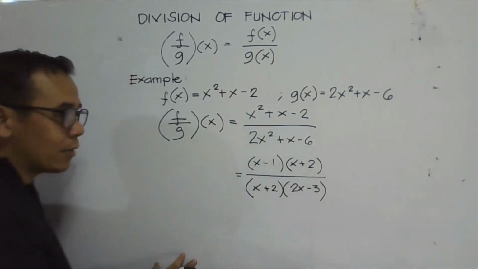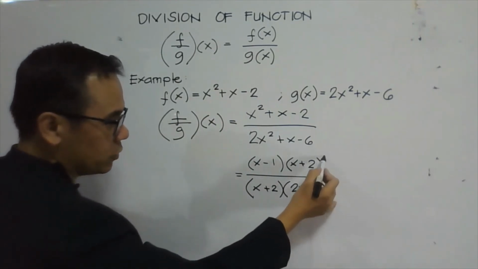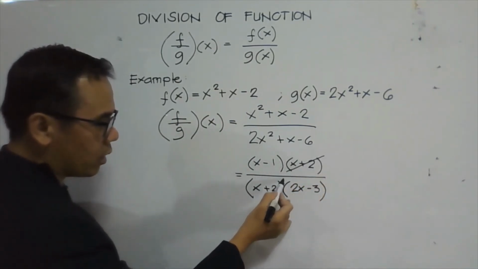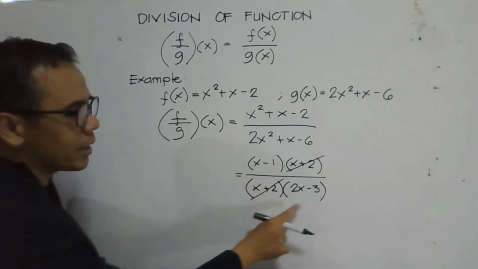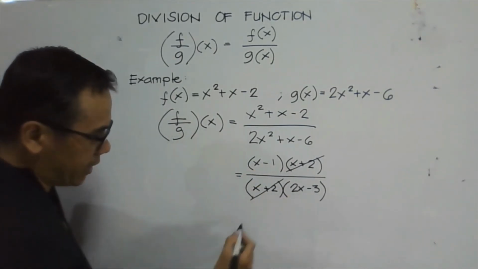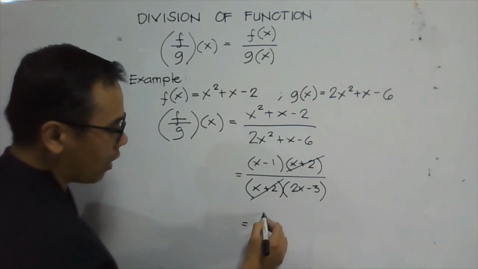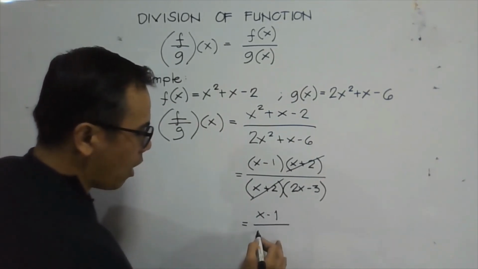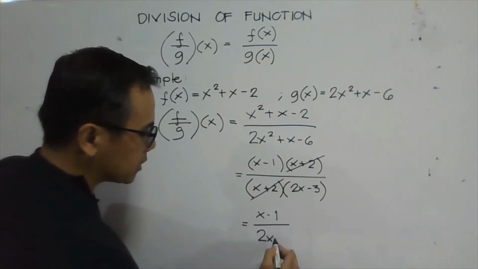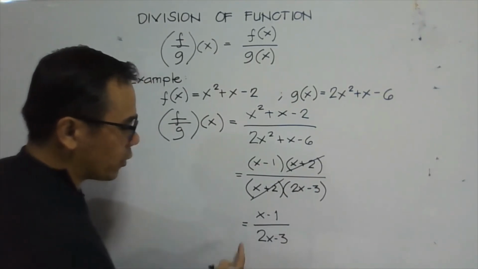Now we can cancel out the x plus 2. Okay, it's now equal to 1. And what remains? We have x minus 1 and 2x minus 3. So this is now our final answer. Okay, x minus 1 over 2x minus 3. This is our final answer.